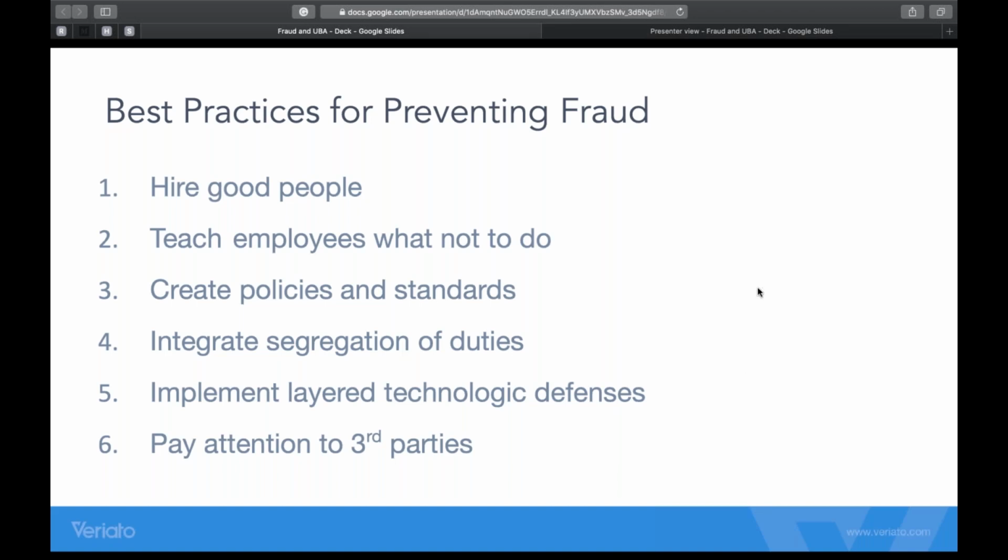Segregation of duties, you touched on already, but making sure you have those checks and balances, or multiple employees and teams are involved in validating transactions and things, especially in high risk areas. And then I think one of the bigger ones, and I'll talk about this a little bit more when we transition into the detection side, is having a strong technology stack. And I can't emphasize enough layers.